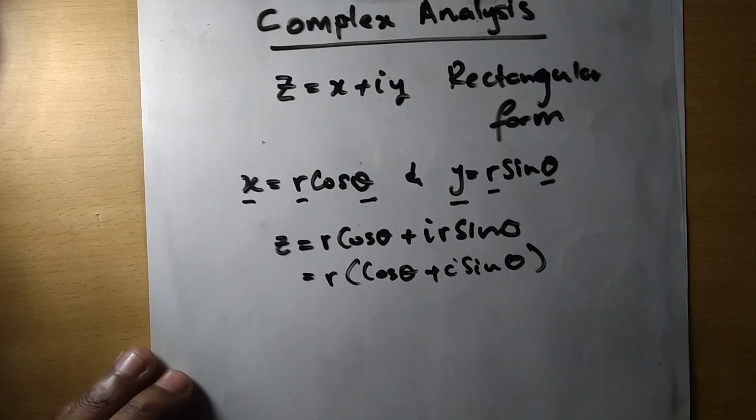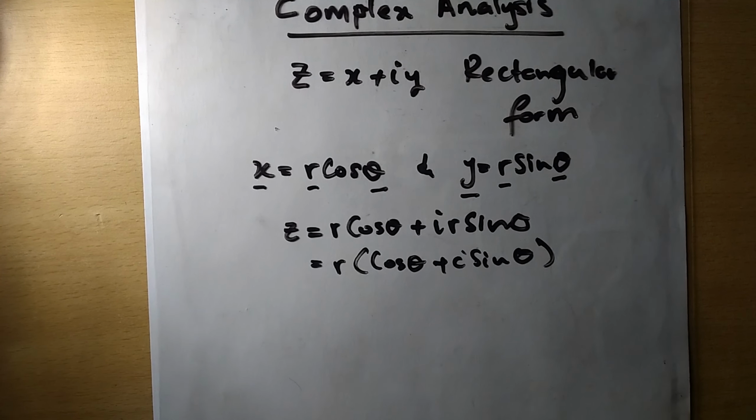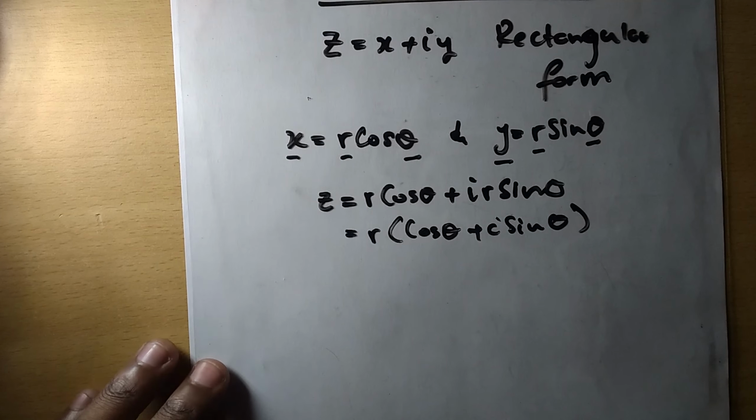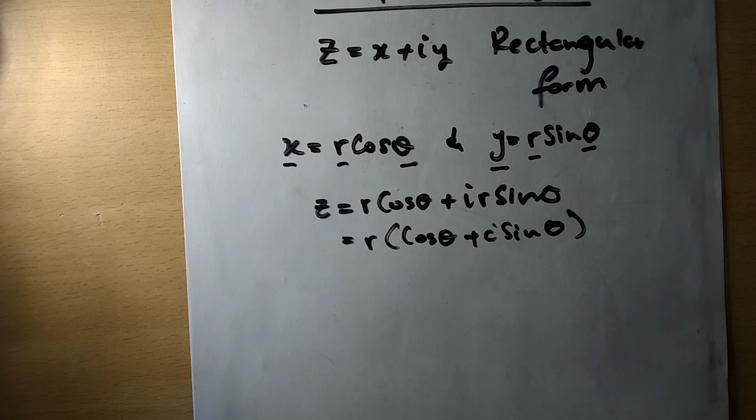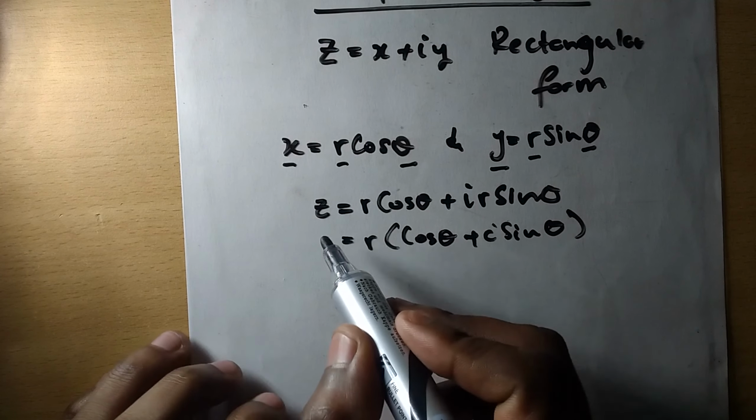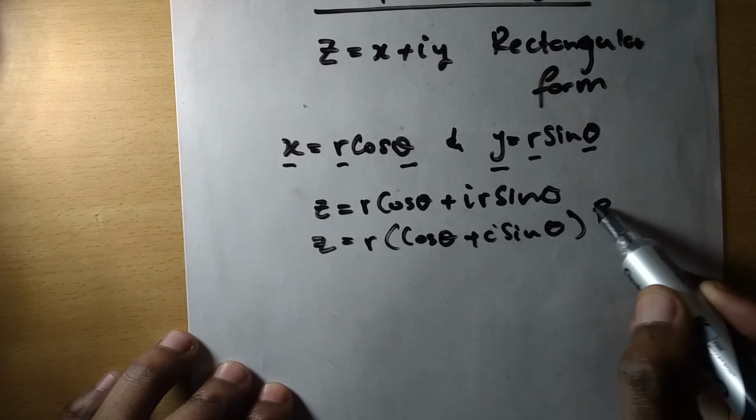Now this does not mean that we have written it in exponential form. We just wrote it in polar form. So this is our complex number in polar form.